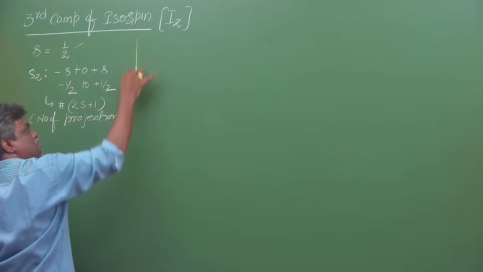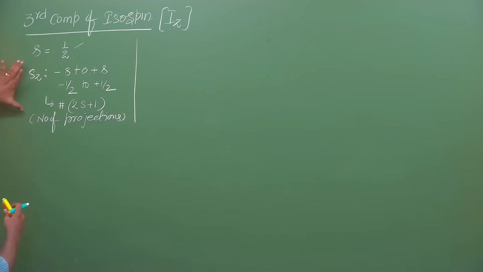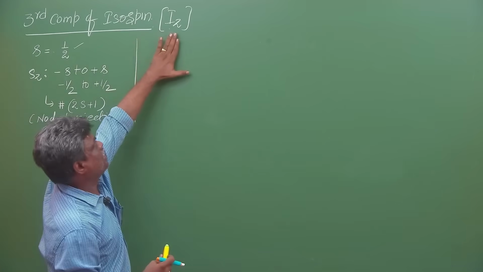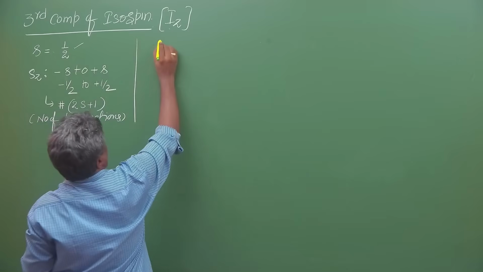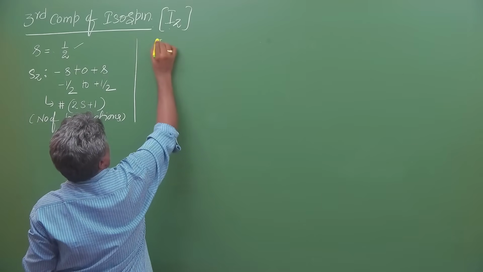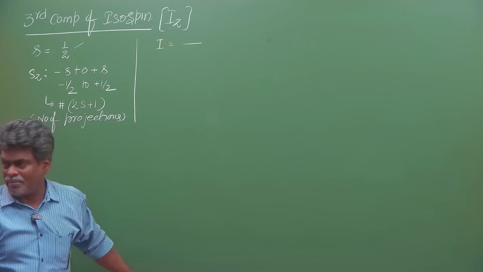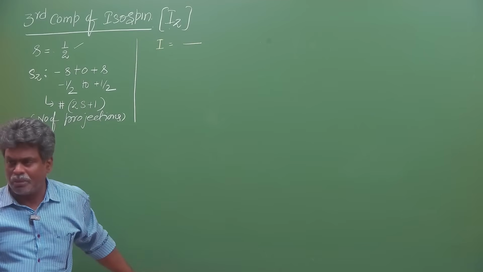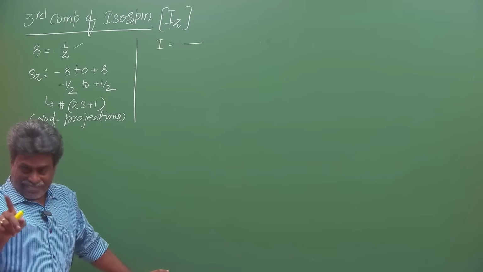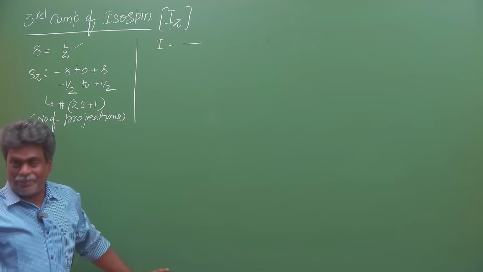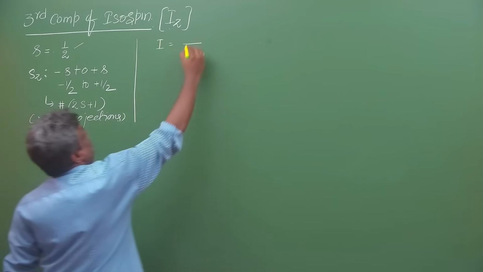Now quite similar to this. See, first I am explaining about the spin, then I am coming to the IZ, more important. Now here you have I value, something, I don't know. It may be 0, it may be 1, it may be 2, it may be 3, or 0, 1, 1 by 2, 3 by 2, like something is there.